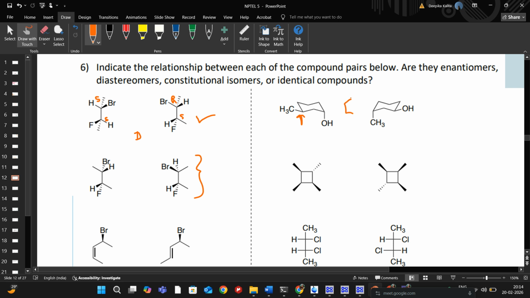If we draw the cyclohexanes, we will see that here it will be methyl above the plane and hydroxy below the plane, whereas the substituent positions will remain the same, but the faces will be exactly opposite.